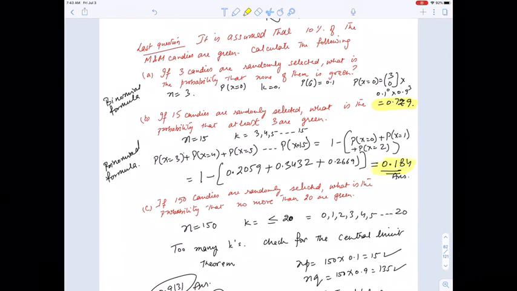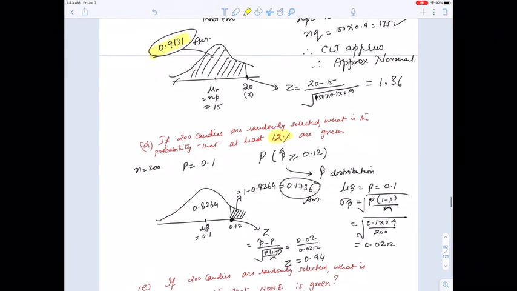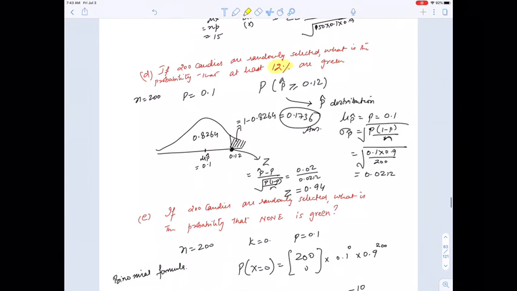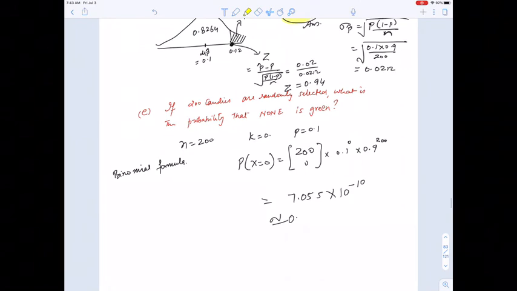The second one I'm getting 0.184. Then the next one I'm getting 0.9131. Check. The next one is 0.1736, the right hand side area, and the last one I'm getting is approximately equal to 0.